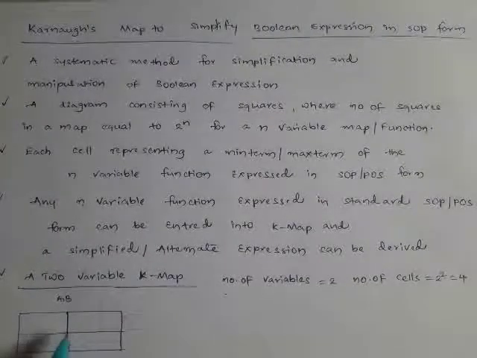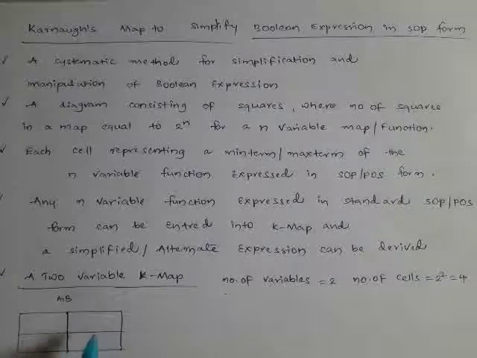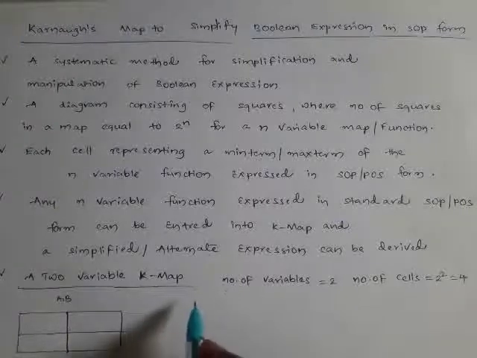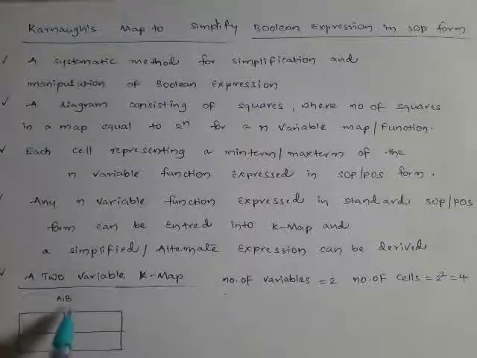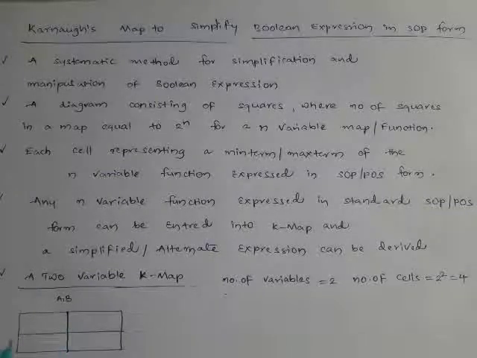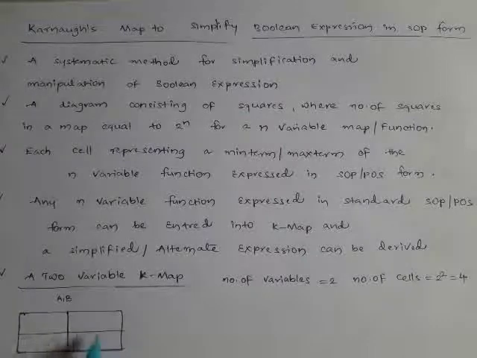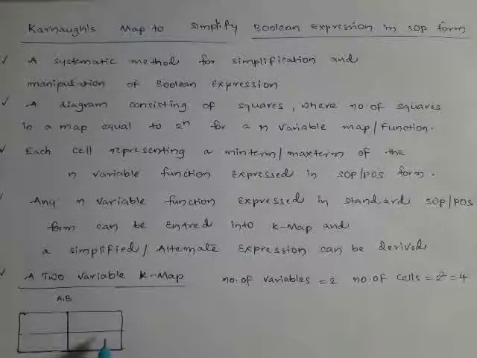And here you can see we have drawn the Karnaugh map with 4 squares corresponding to 4 minterms of a 2 variable function, assuming the variables are a comma b. So we said that each square corresponds to one minterm of the function. Then which square represents which minterm?